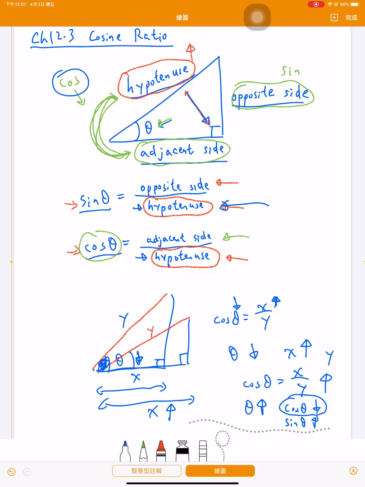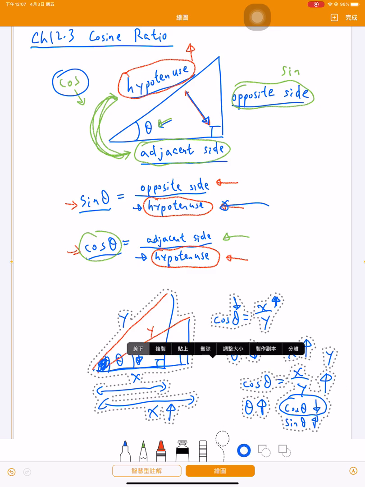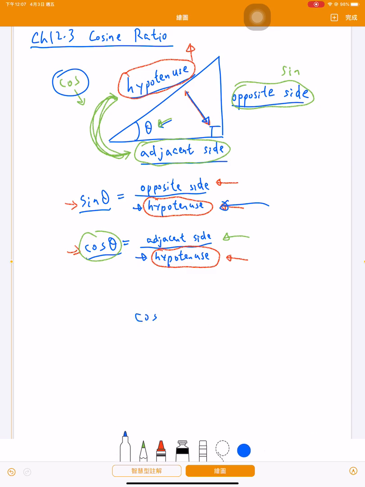And for cosine theta, we also have a range, that is, cosine theta is also from 0 to 1. The lower limit is 0, the upper limit is 1. You may ask why.